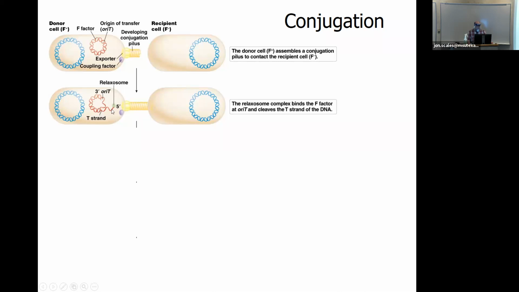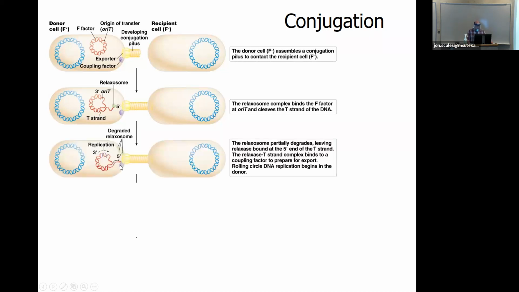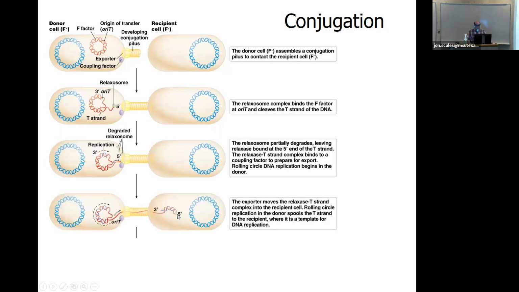And so the donor cell will take one strand of that DNA and it travels, I don't know how it does it, I'm sure somebody does, but it travels through that pilus, which is basically a big pipeline, over to the other cell. And once it's in the other cell, the cell goes, whoa, here's some single-stranded DNA, I better make it double-stranded, because they don't like single-stranded DNA.